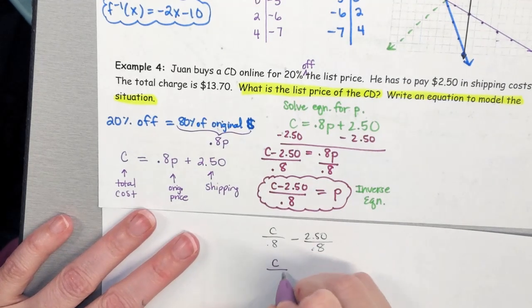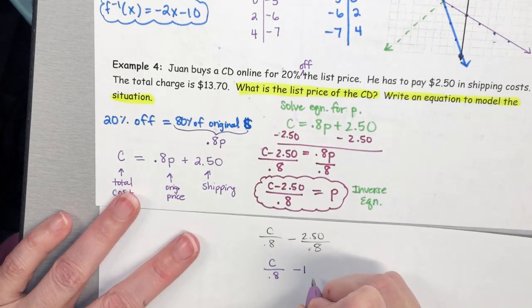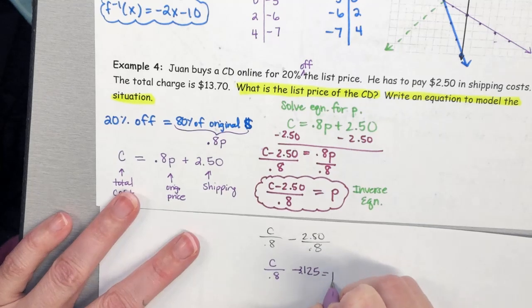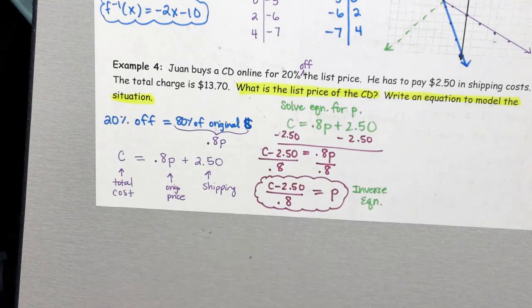And you'd have to keep this as C over 0.8. And you said you got minus what again? I'm sorry, 3.125. But that would be equivalent and that would be fine. Just don't forget to divide that by the 0.8 as well. Okay? Yep. So either one of those would be perfectly fine.